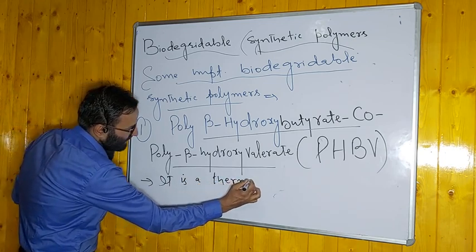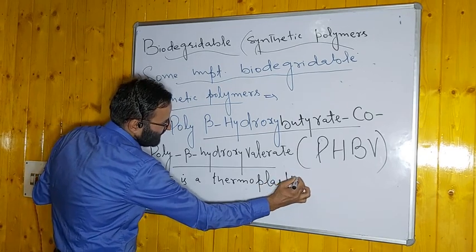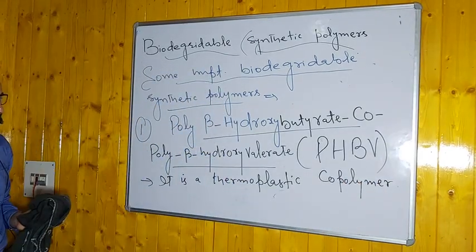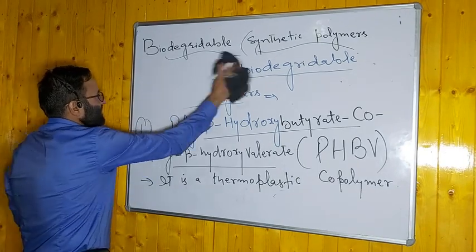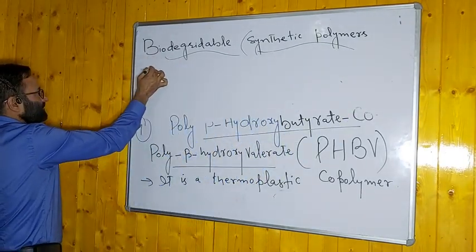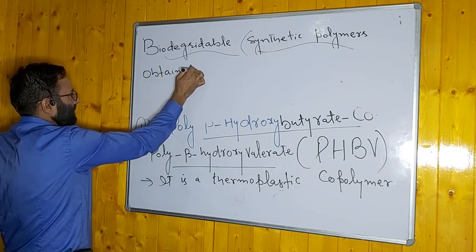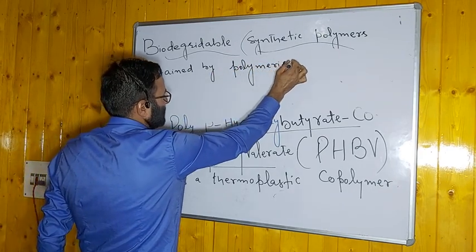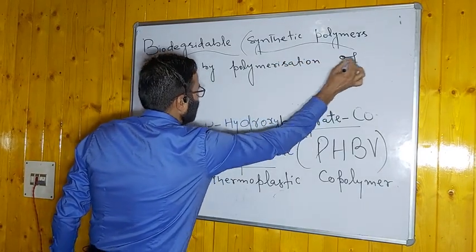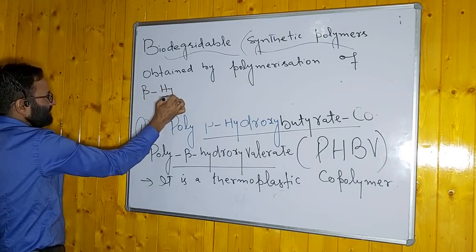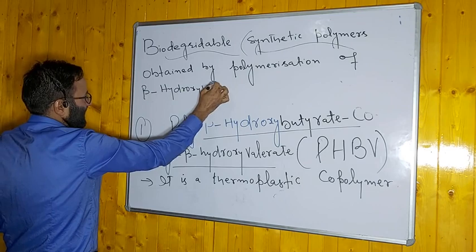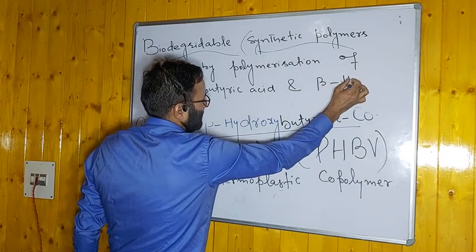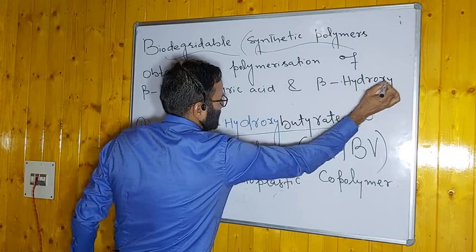It is a thermoplastic copolymer, obtained by polymerization of beta hydroxybutyric acid, butyric meaning having 4 carbon atoms, and beta hydroxyvaleric acid.